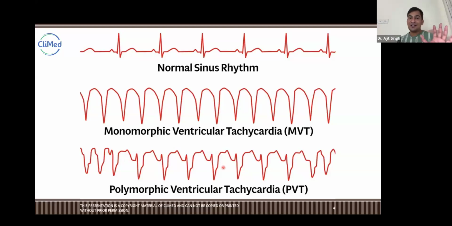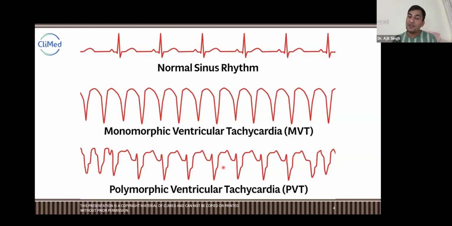Understand now? Looking at the ECG, did you understand? Sinus rhythm is normal, as you can see. Monomorphic means there is only a single morphology, it looks the same in every beat.